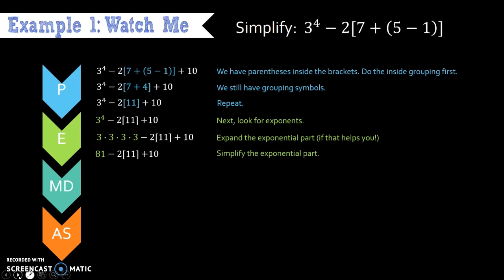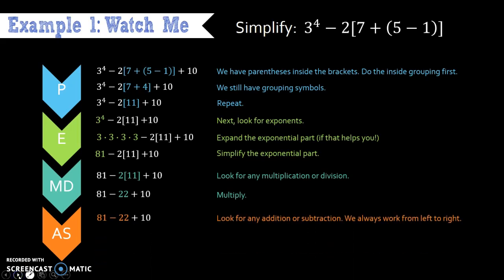And notice that everything else that I'm typing in white is staying the same as it was before because we are not completing any of those pieces yet. Next, I'm going to look for any multiplication or division. I see 2 times 11. I'm going to work that out to be 22. Now I'm going to look for addition and subtraction, and we're always working from left to right.